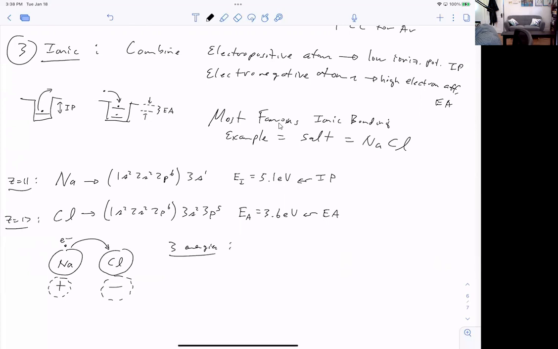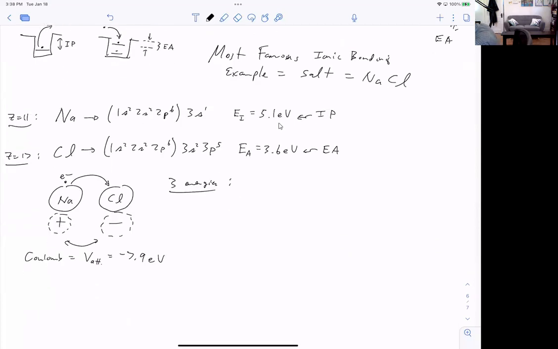Because now, if it's plus and minus, there's a Coulomb attraction. I'll call the Coulomb attraction V attraction, and it is equal to minus 7.9 eV. That number is really easy to come by.